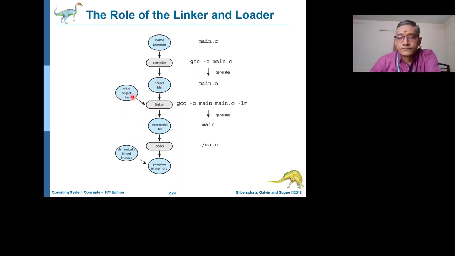Like in a C program you write stdio.h, stdlib.h, some header files you include. For those header files you are not writing the code, since they are already available. Those will be linked with your object file, creating an executable file. This executable file in turn will be loaded into memory through the loader.